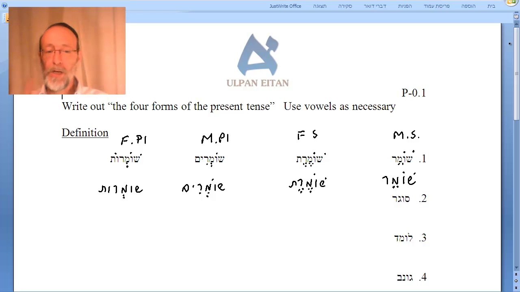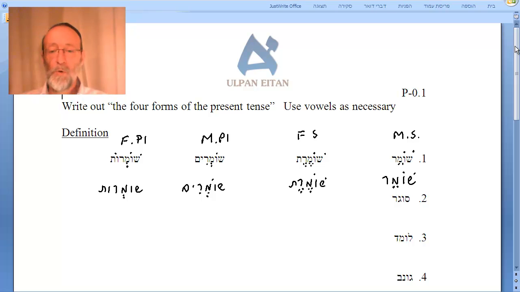Take your right hand, put it up, and say it along with me, or pause this film and practice it on your own. Shomer, shomeret, shomrim, shomrot. And you can close your eyes if you want. Do it again until it starts to sound like this is a pattern and I understand it.